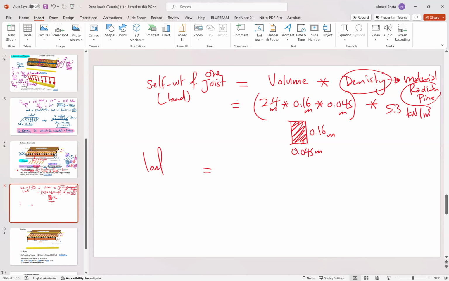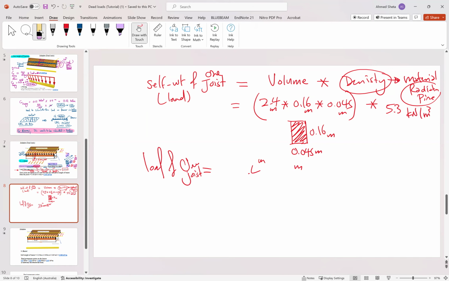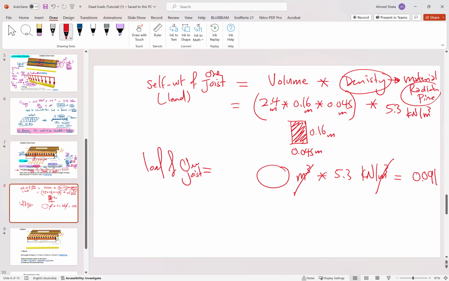So based on the material given, it is 5.3 kilonewton per cubic meter. So the load of one joist will be the volume, again 2.4 times 0.16 times 0.045, in cubic meter. I just need only the units. So this will be a value in cubic meter times 5.3 kilonewton per cubic meter. Cubic meter with cubic meter cancels, so we will have the final value of 0.091 kilonewton.